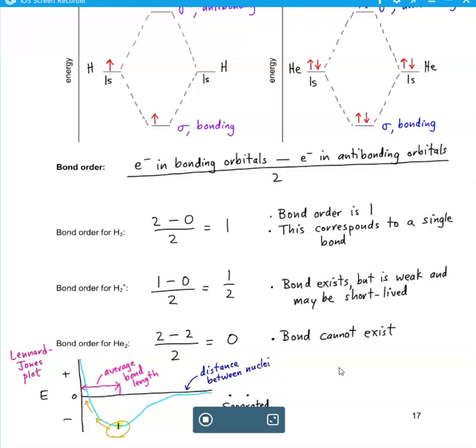So the bottom line here, the moral of the story, is that electrons in bonds are more stable, that is to say, lower in energy, than electrons that are not in bonds. So more stable means lower in energy. So we'll come back to that idea in a little bit.